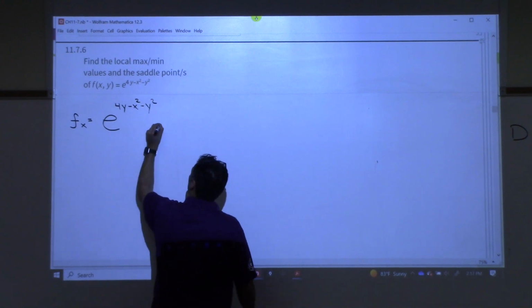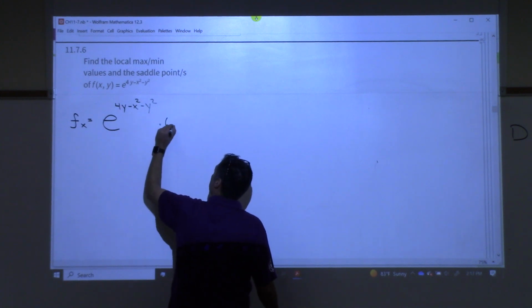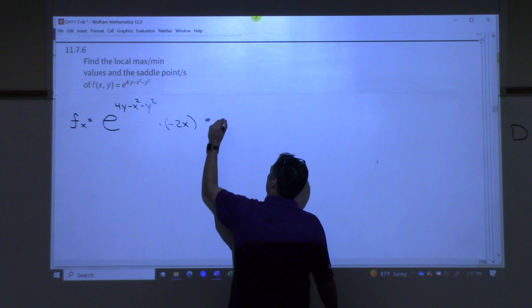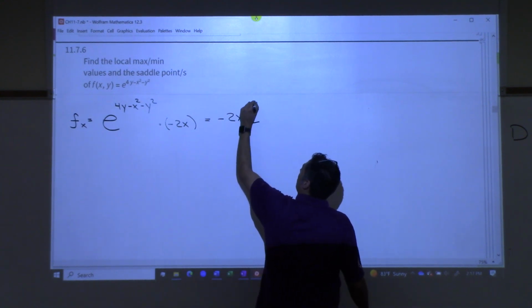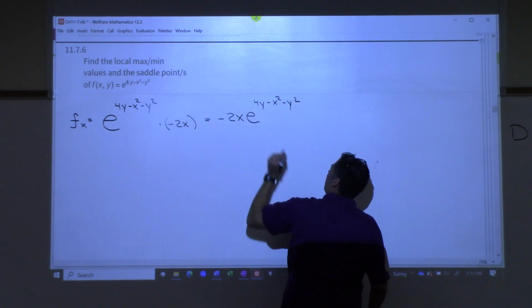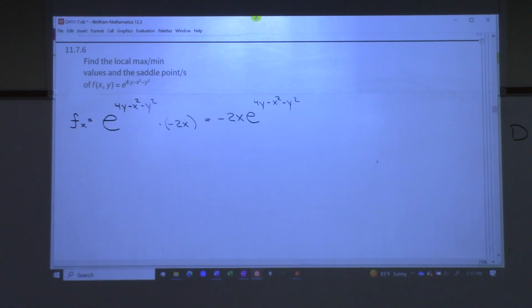And then be careful here, you're writing times the derivative of what's up there with respect to x, which is negative 2x. That turns into, let me rewrite it, negative 2x e to the 4y minus x squared minus y squared. Okay, that's our partial with respect to x. Any questions on that partial?